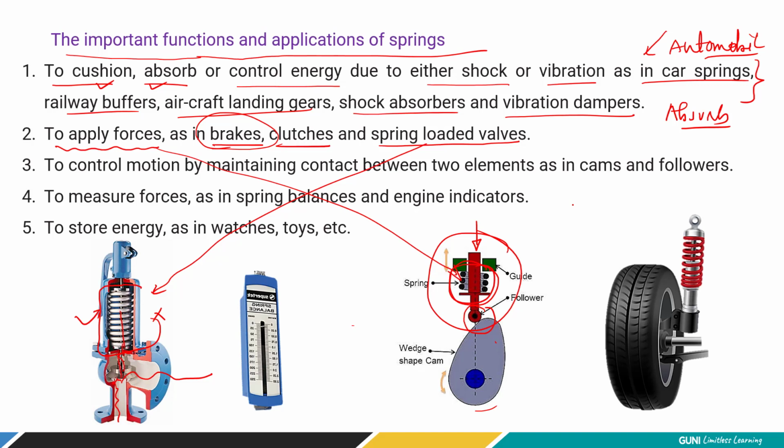So the spring will simply retract back to its unbraked condition, right? That is only possible by spring only. So here it is used to apply the forces. The third application is to control the motion by maintaining contact between two elements, as explained by the example of cam and follower, right? It is a requirement of machineries.